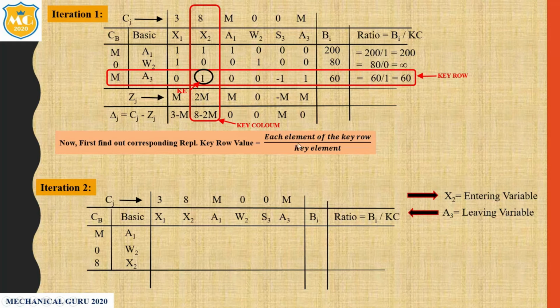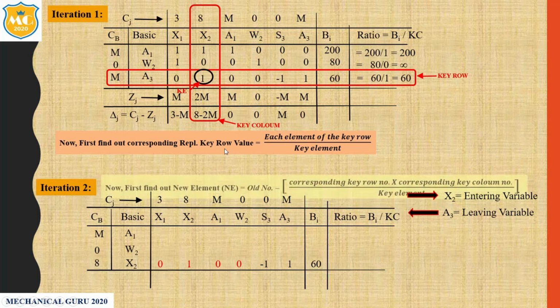This is our key element and each element of the key row means 0 divided by 1. Next 1 divided by 1, 0 divided by 1, 0 divided by 1, minus 1 divided by 1, 1 divided by 1, and the last 60 divided by 1. So here we get the value. Here simple, if the key element is 1, then the key row value is as it is.